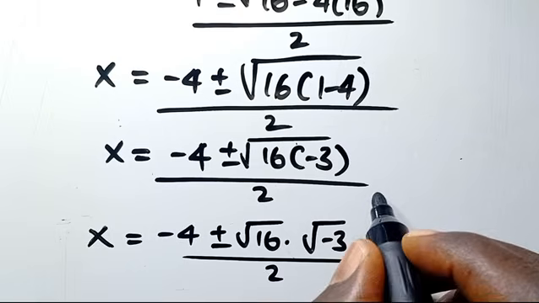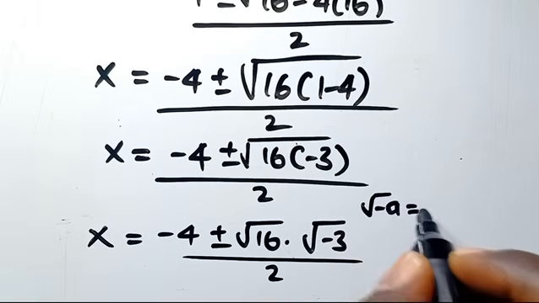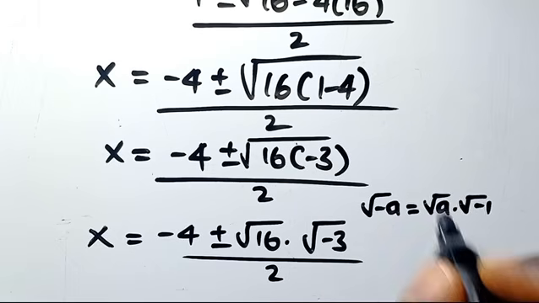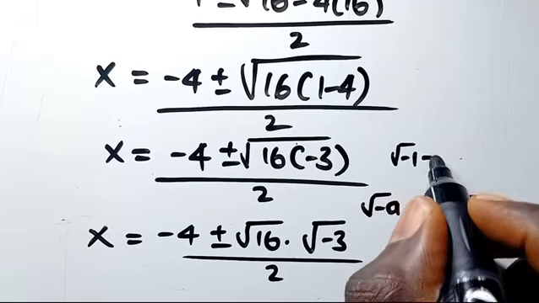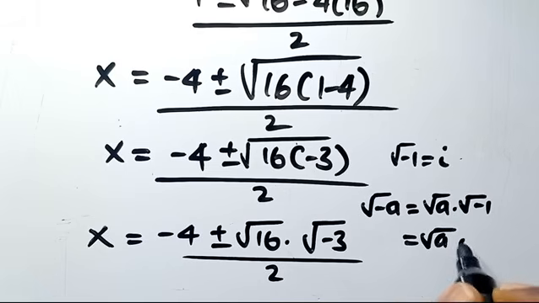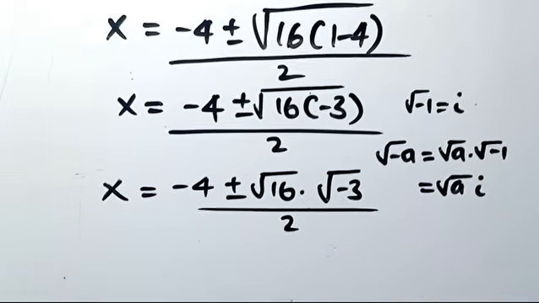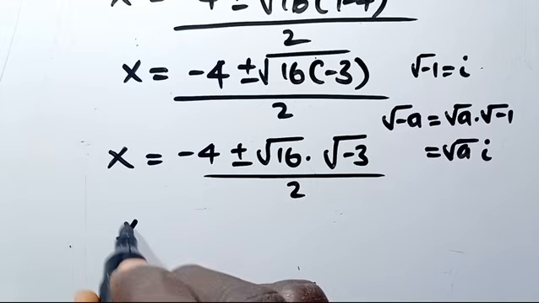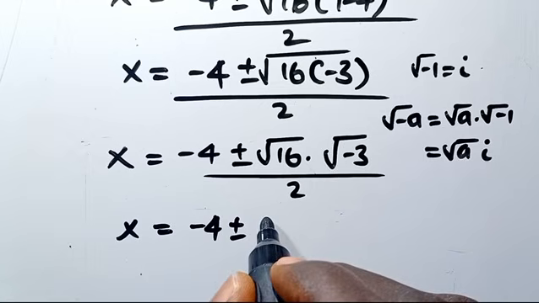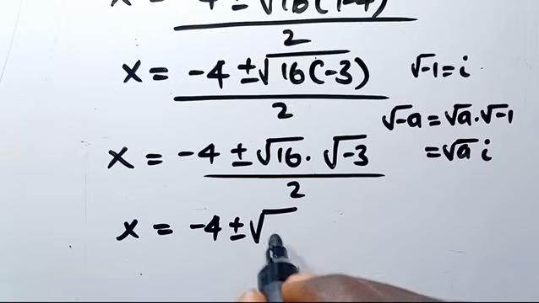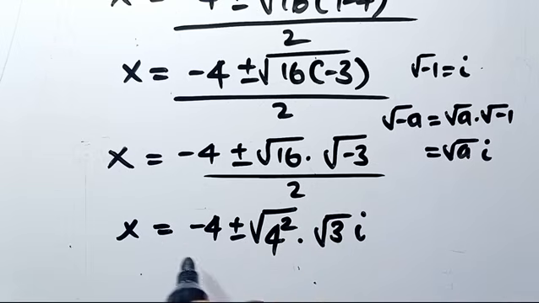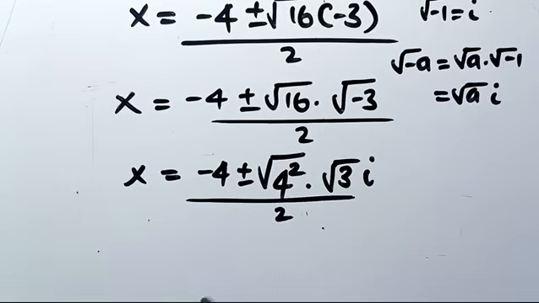Then when you have √−a equals √a times √−1, then √−1 equals i in a complex space. So we have here √a multiplied by i. So we have x = (−4 ± 4 times √3 i) over 2, where 16 is a perfect square as 4 to the power of 2.